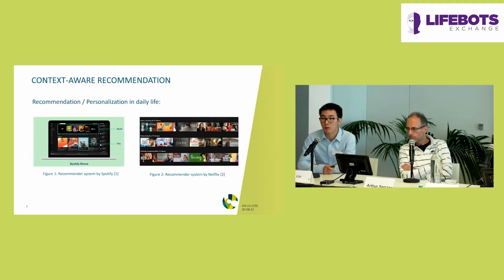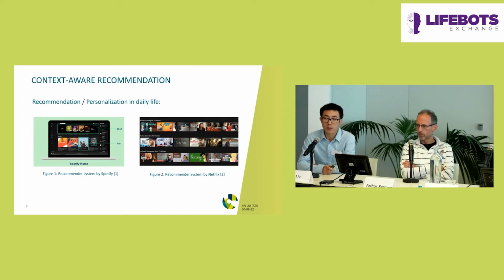For example, if you use Spotify or Netflix, they have your user profile and your browsing history. This kind of information can build a context for further recommendations, so they can recommend what you may be interested in. That's the basic idea of context-aware recommendation.